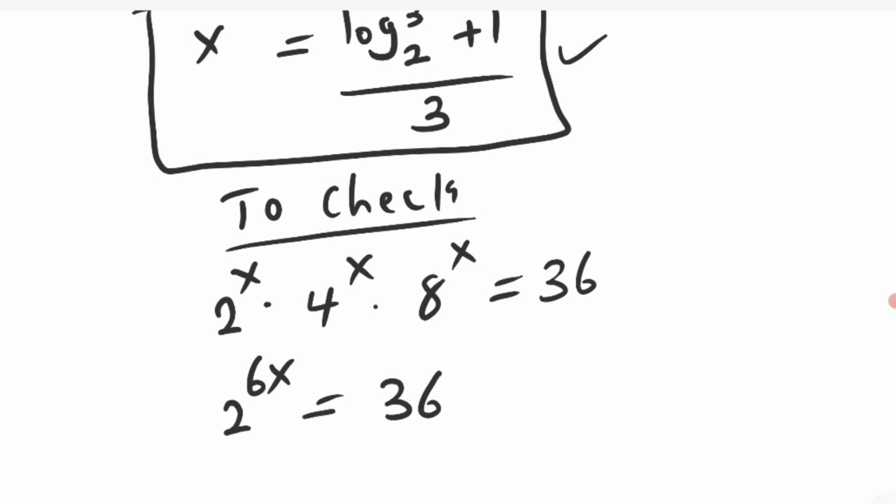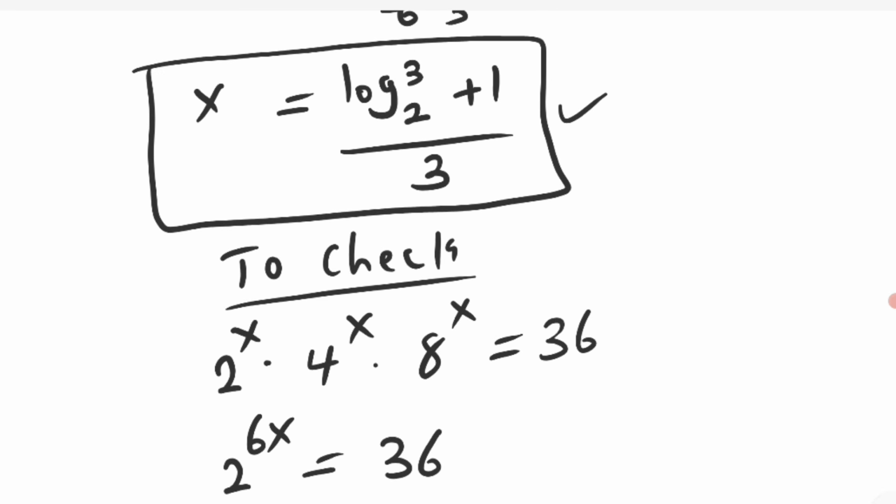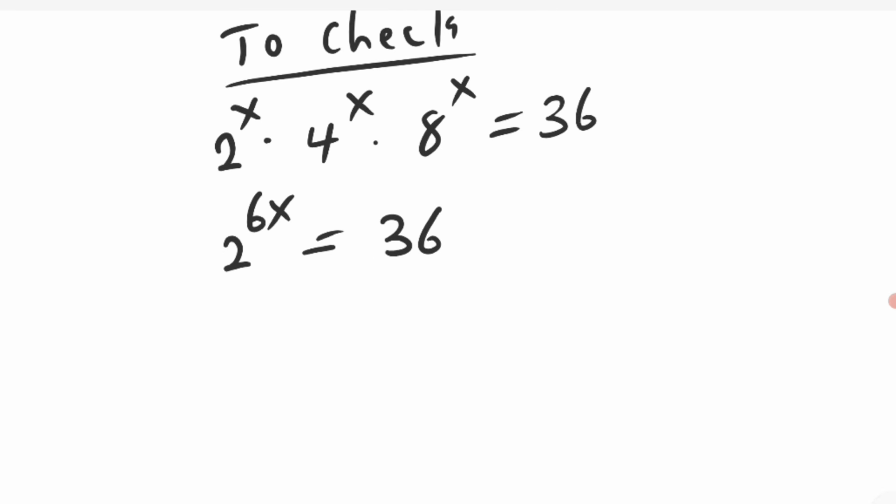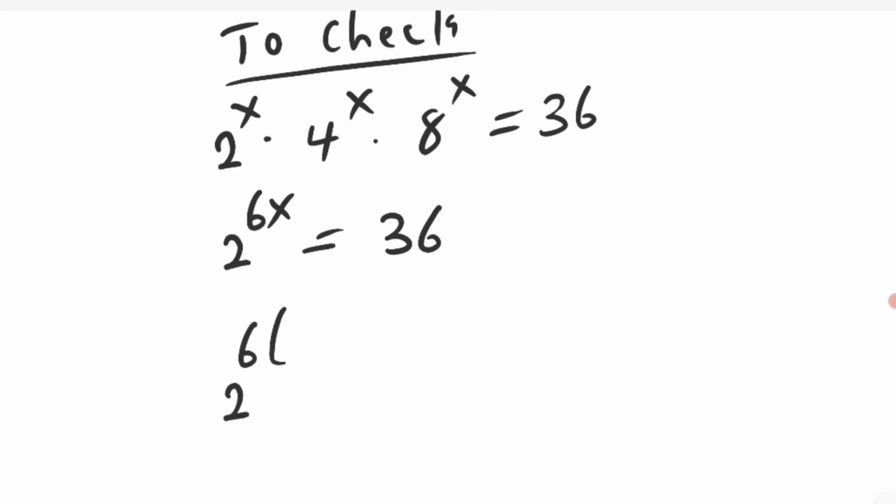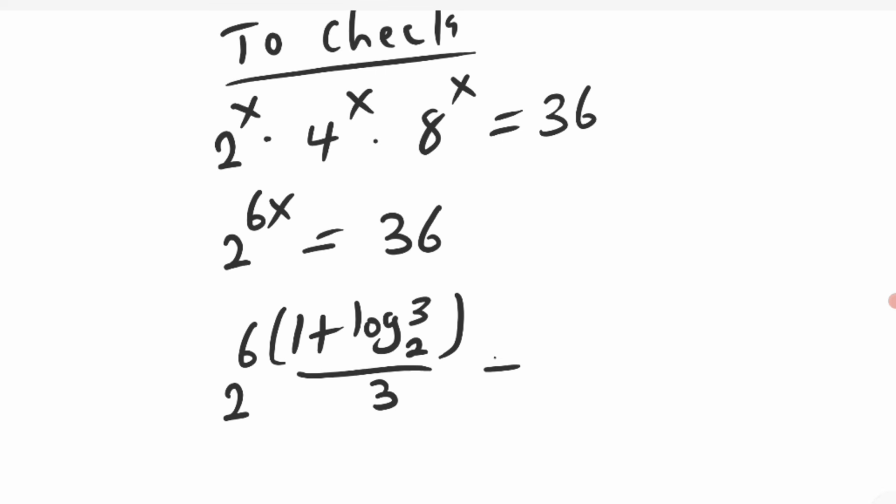Then if x is log 3 base 2 plus 1 over 3, this is the same thing as 2 raised to power 6 bracket 1 plus log 3 base 2 over 3 must be equal to 36. 3 here 1, 3 here 2.